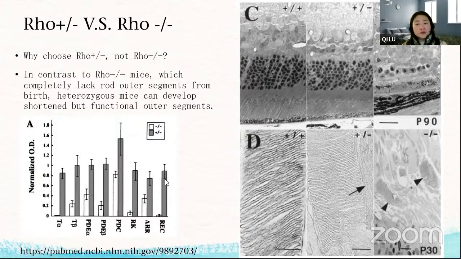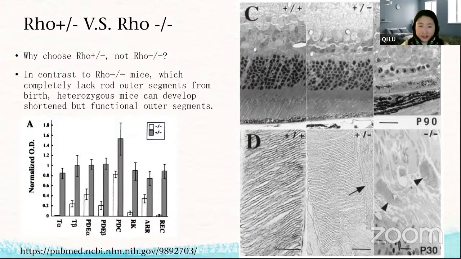We can also compare the gene expression level between the homozygote and the heterozygote, and this data is normalized to the wild type. So the number one means that the amount of gene expression is the same as the wild type.